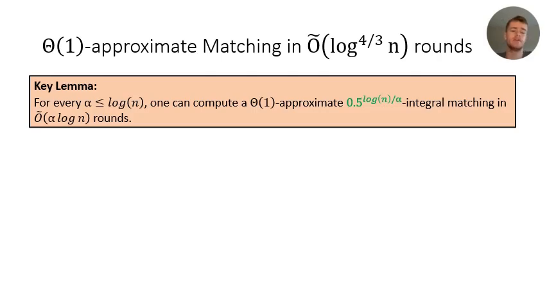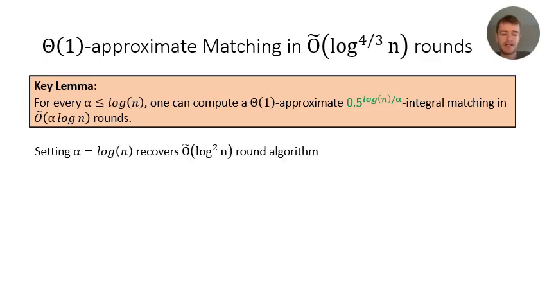The key lemma that we're going to show is the following. For every alpha at most log n, where alpha is a parameter that you can choose freely, one can compute a constant approximate 0.5 to the log n over alpha integral matching in roughly alpha times log n rounds. So the first observation for this lemma is that if you set alpha equals log n, then this lemma actually produces an integral matching, and the round complexity is roughly log square n rounds.